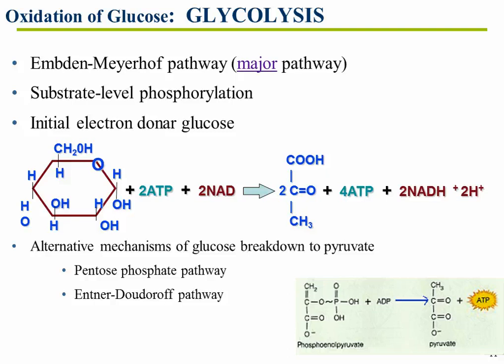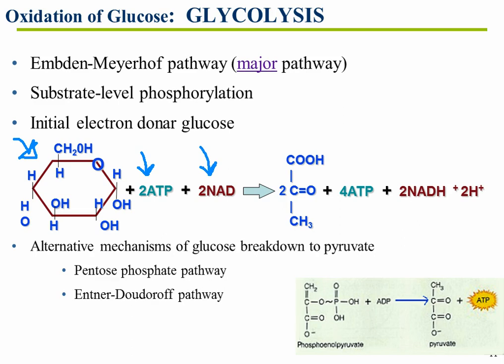Your starting material is glucose. That's what you got over there. Here's the input of a couple of ATP, and we're going to input a couple of potential electron carriers, NAD or NAD+. It's oxidized, remember. That's why it's called NAD+. It is not reduced. It doesn't have any electrons.